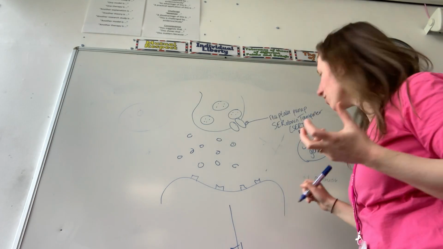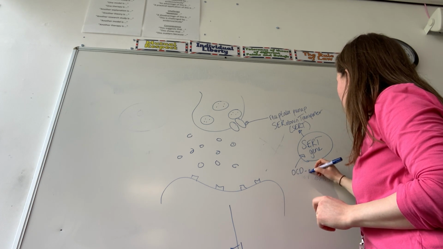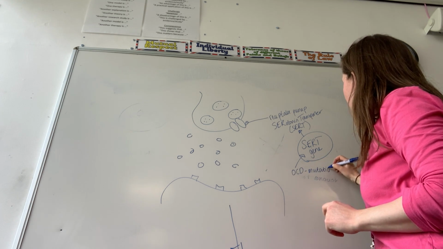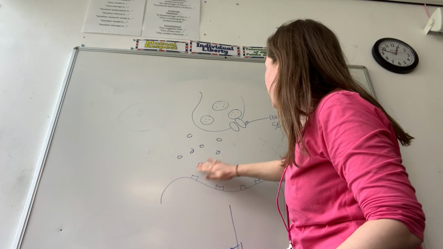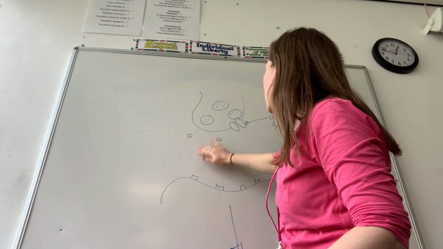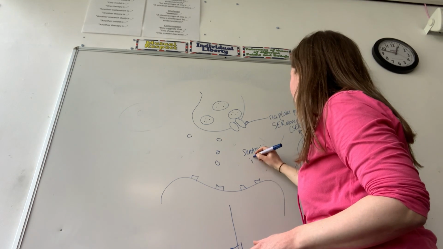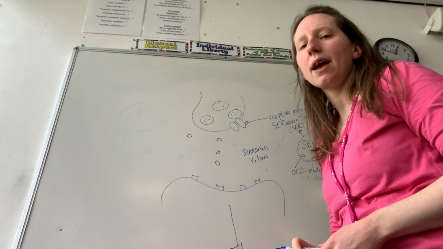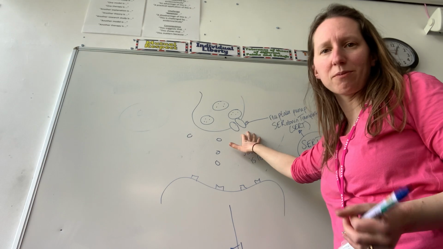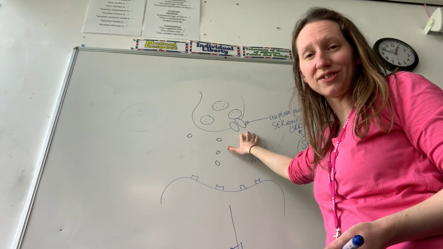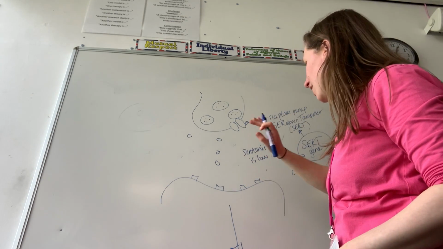If your code within your SERT gene is mutated, so in OCD it's a mutation on the SERT gene, what then happens is that the levels of serotonin in the synapse end up being too low. Okay, and we don't have the extra details for that. Presumably it's because the reuptake pump is too active, but I don't think they've proved that scientifically yet. I might be wrong. So what we've got then is low serotonin.